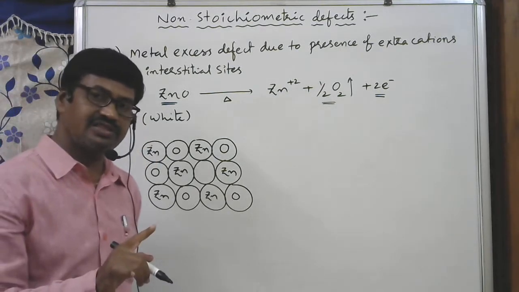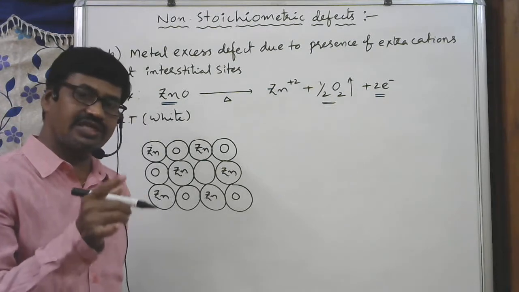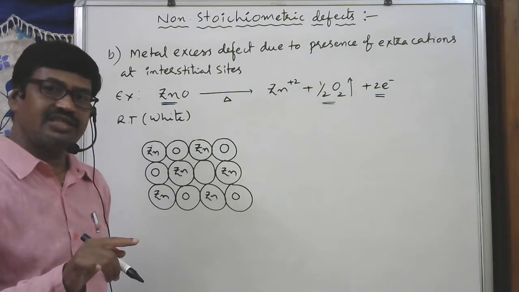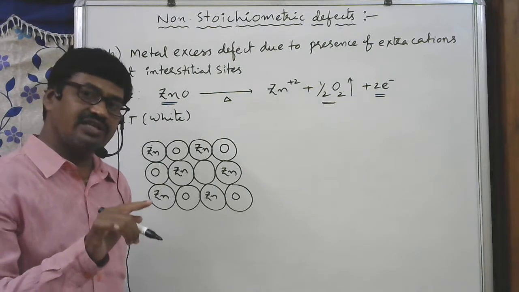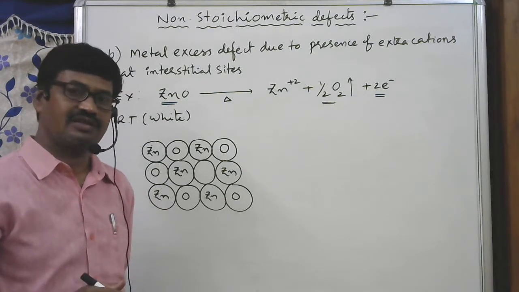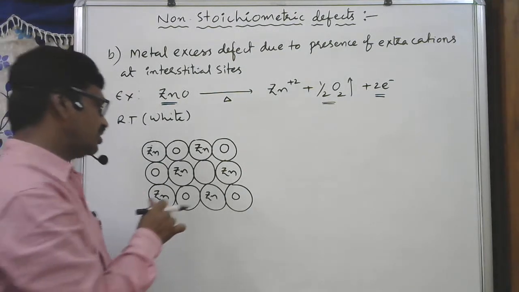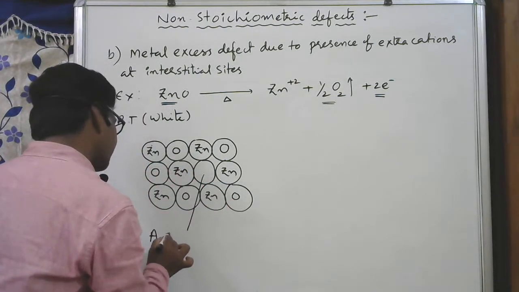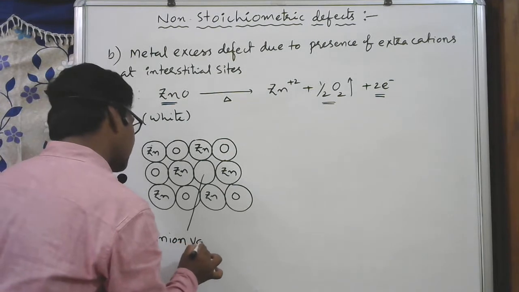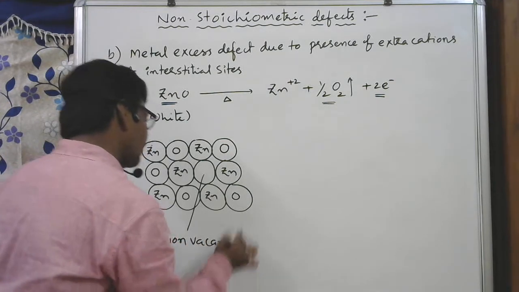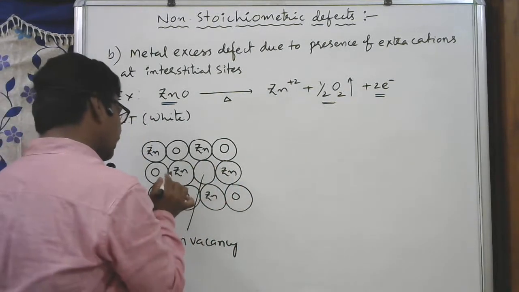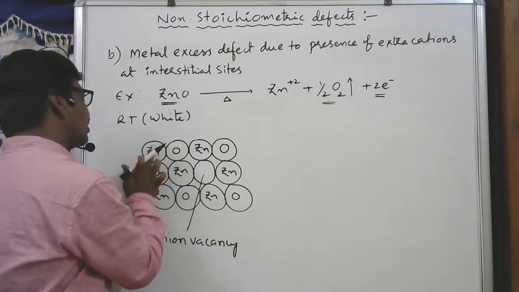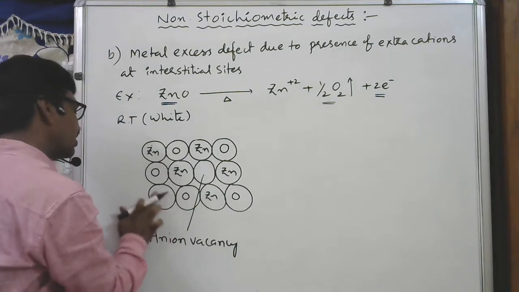In anion vacancies, electrons enter directly into the site in which negative ions were present before. Here it is not like that. Here this is directly an anion vacancy, and one more here, beside this or from here, this I am taking.